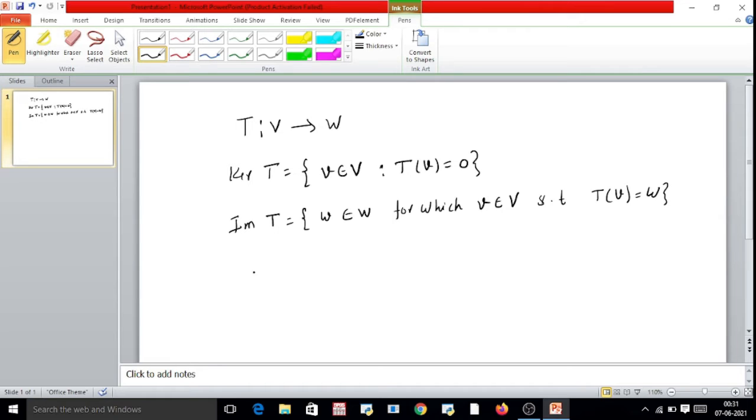The dimension of image T is the rank of T, and the dimension of kernel T is the nullity of T.